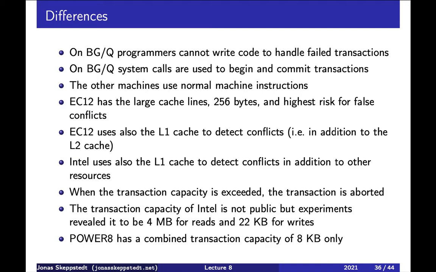And more also for the Blue Gene, there are system calls to begin and commit a transaction. And the other machines use normal machine instructions, which of course is much faster. For the mainframe EC12, the cache block size is quite big.